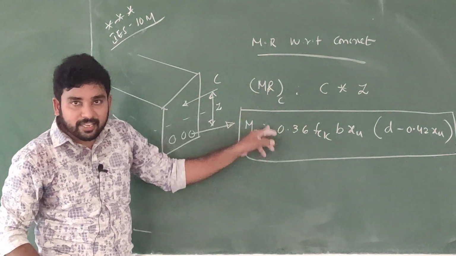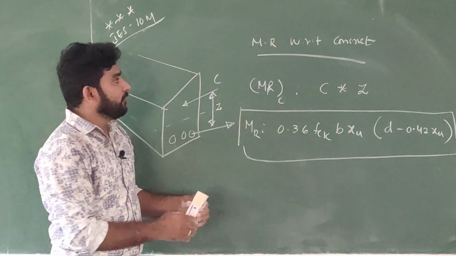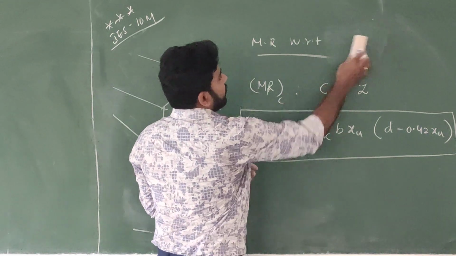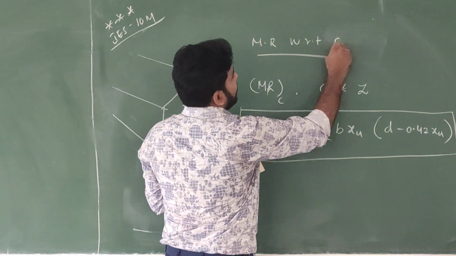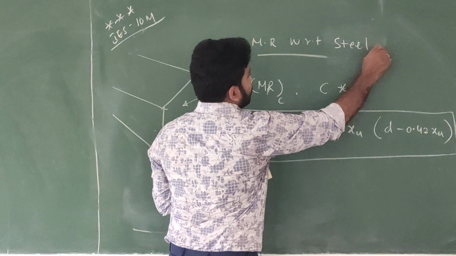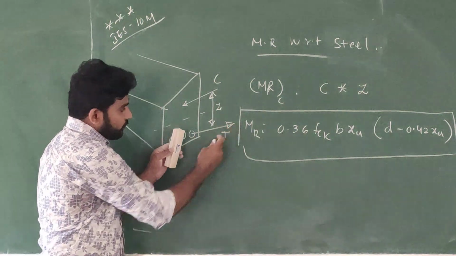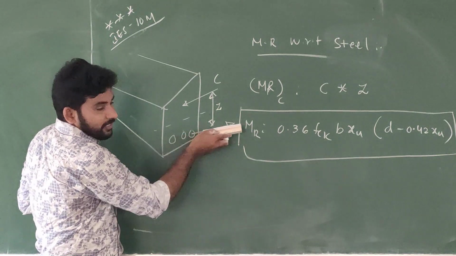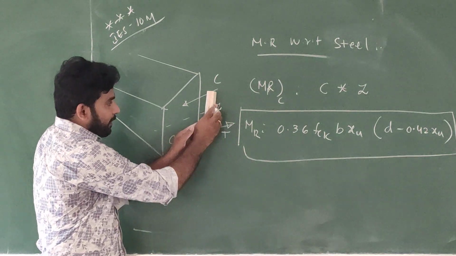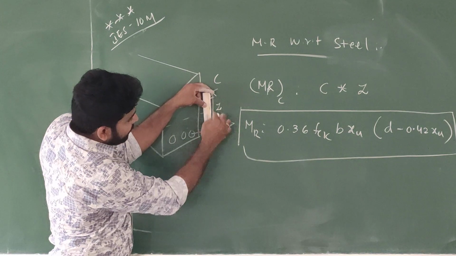Next, same thing. Now we will apply with respect to steel. Concrete is over. Now with respect to steel, what force is acting? Tensile force T. This force into what is the perpendicular distance? This is the perpendicular distance.